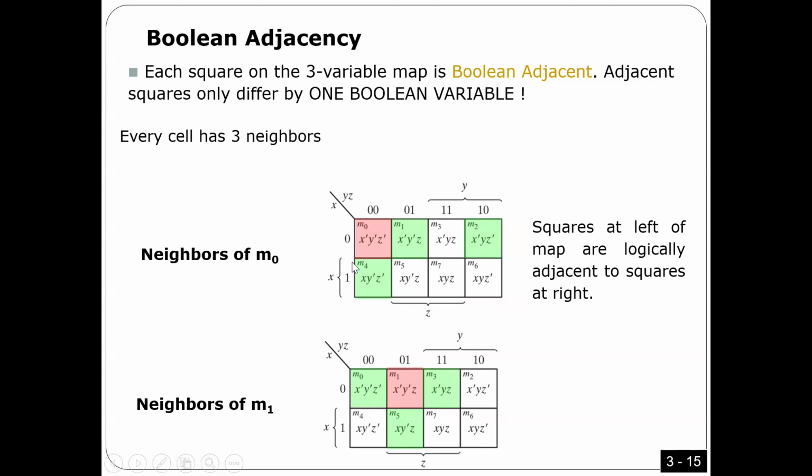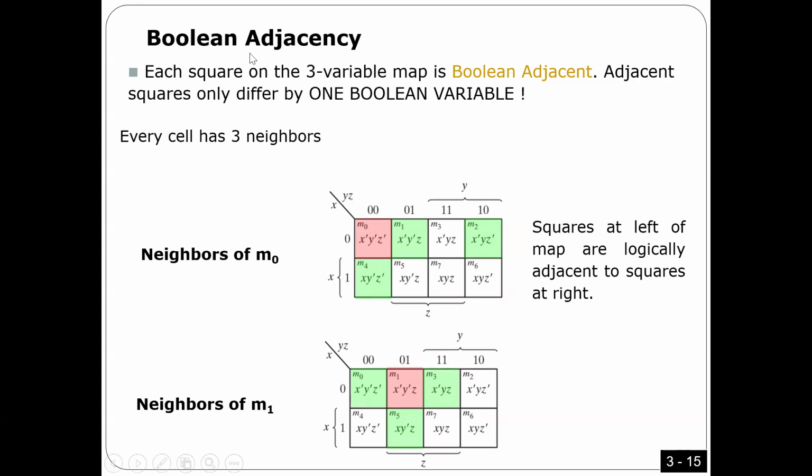So before I start here, in case of 3 variables, every cell, any square, has 3 neighbors. When I go for 4 variables, almost everything is the same, but there are a few changes.